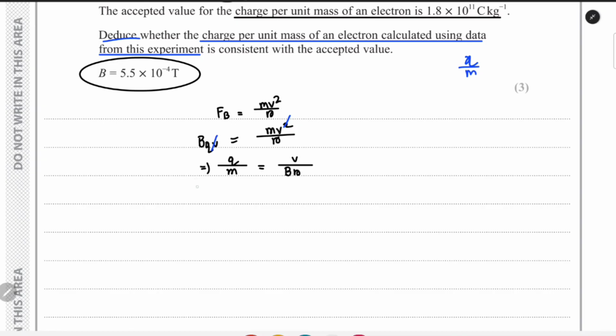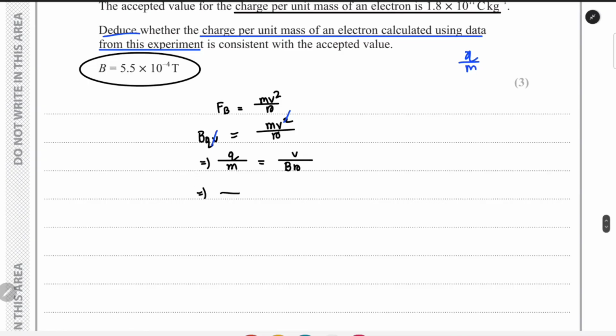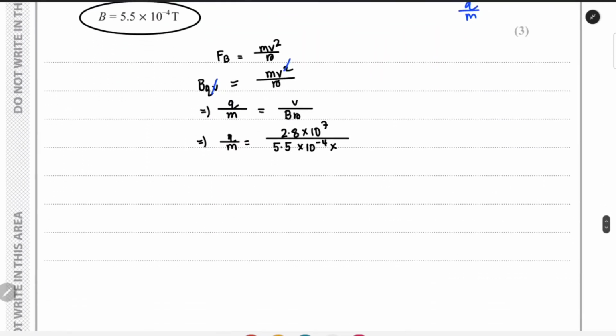Here the value of Q by M will be the velocity that we calculated in the last question, which is 2.8 times 10 to the power 7 divided by B times r. B is 5.5 times 10 to the power minus 4, while r is 39 centimeters, so 39 times 10 to the power minus 2.